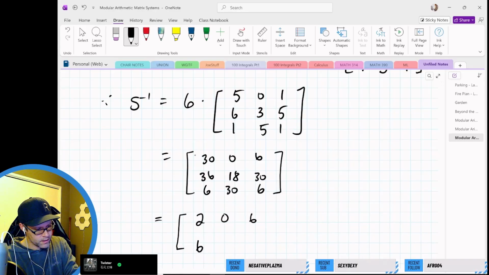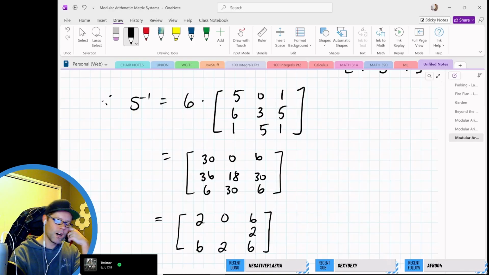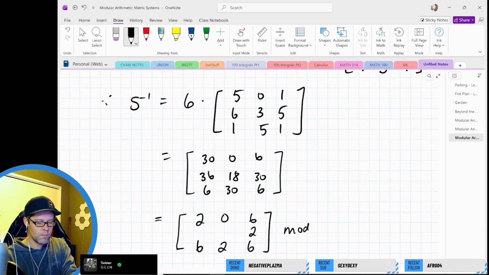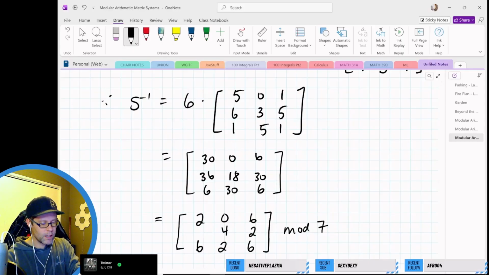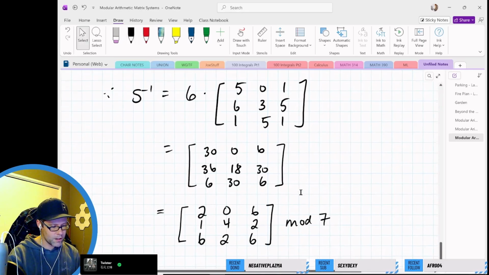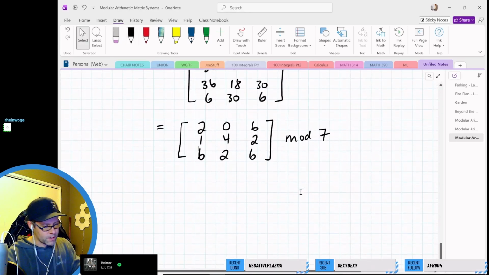That should be a 6. 30s become 2s. That's a 6. What does 18 become mod 7? Would be 4, right? And then I need 36 mod 7. We know that's 1. Okay, so that should be our S inverse mod 7.